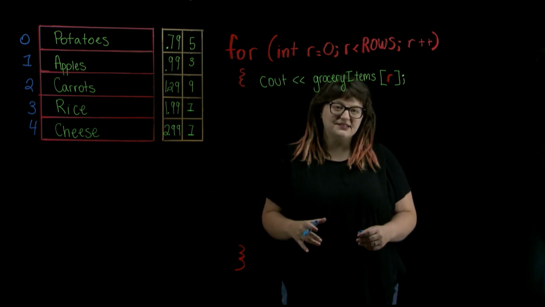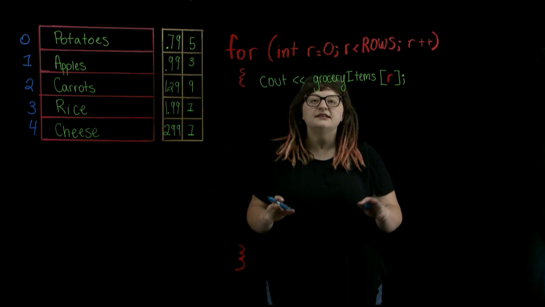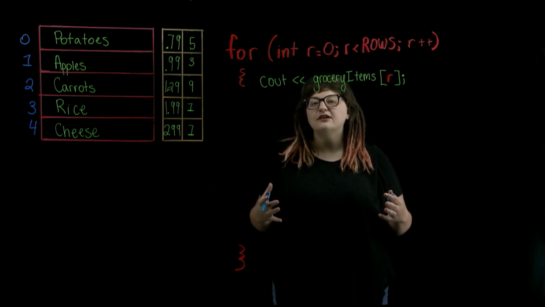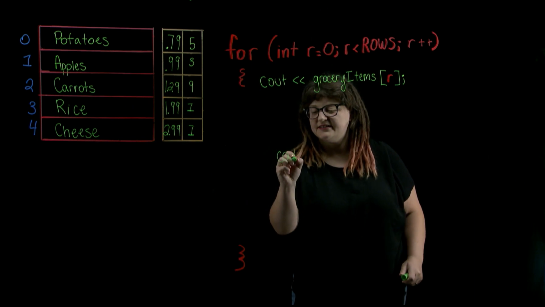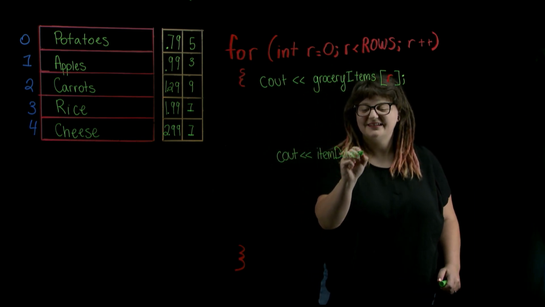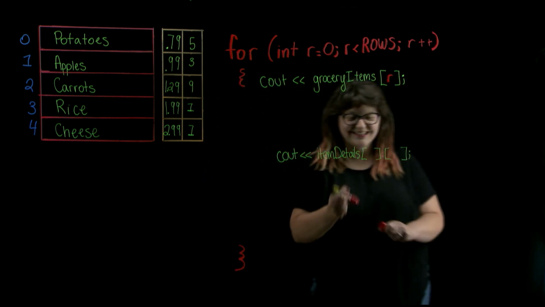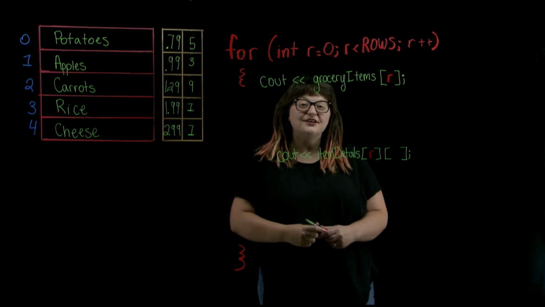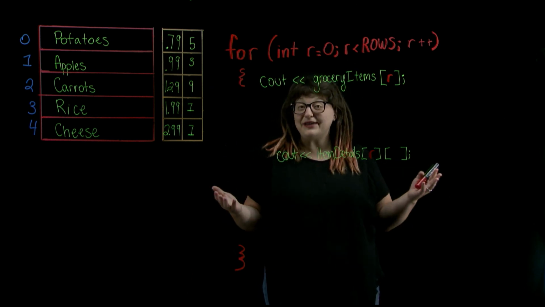What we need to do next in our program is to incorporate our 2D array into this logic, something that will allow us to iterate through our columns. So let's go ahead and take a stab at it. For our row index, we know that we want to use R because that's what we made it for, right?